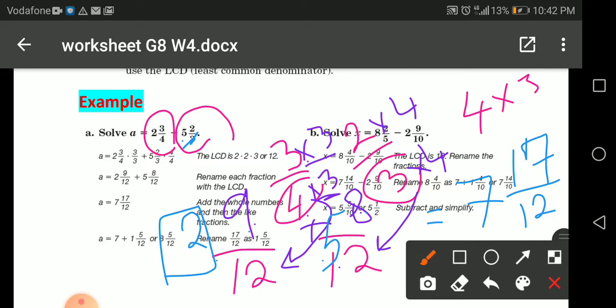Okay, so we now have 17 over 12. We can leave it like this, or we can rename it. Rename it. Why?